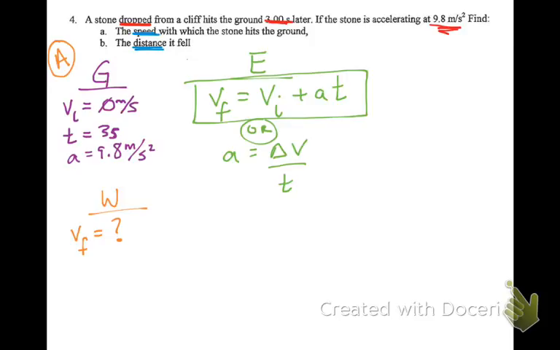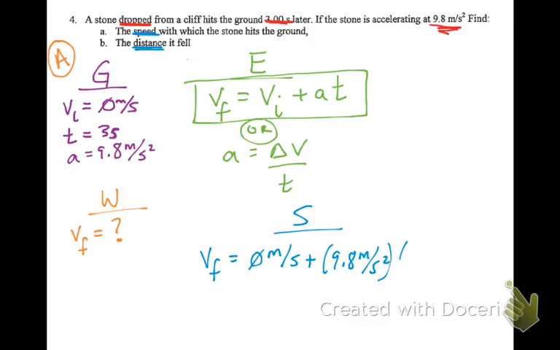Let's do our substitution. Okay, so we've got VF equals VI, which is 0 meters per second, plus 9.8 meters per second squared times our time of 3 seconds.